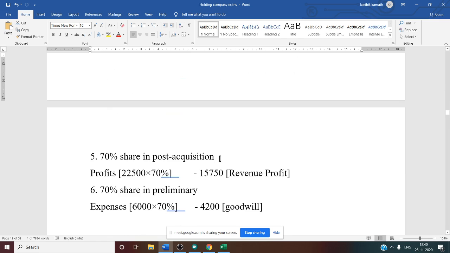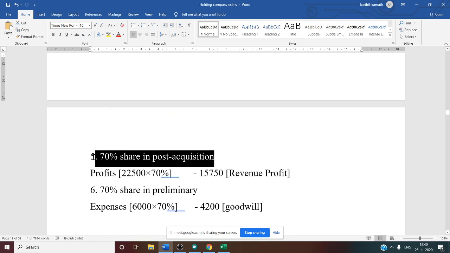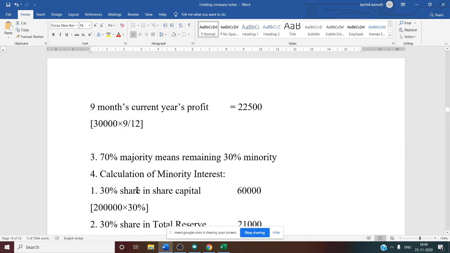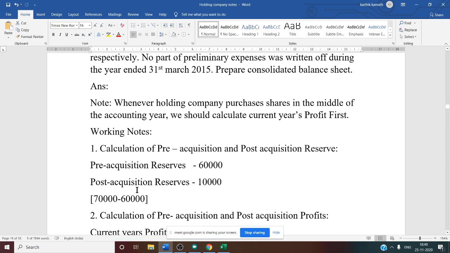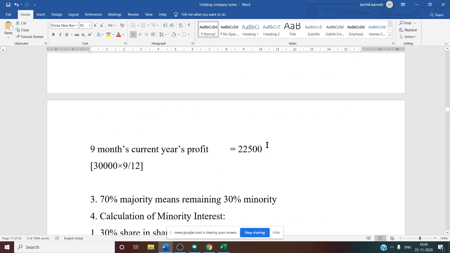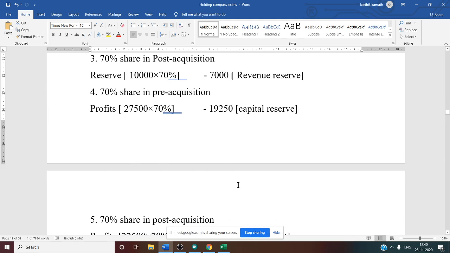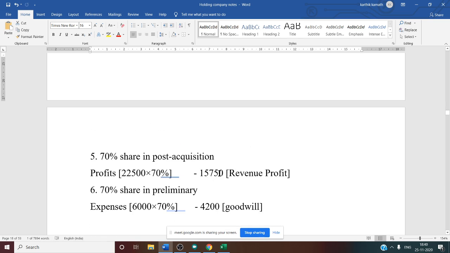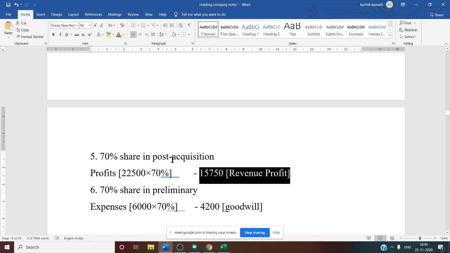Then the fifth one, 70% share in post-acquisition profit. If you see working note number 2, under point B there is a post-acquisition profit of 22,500. 22,500 into 70% gives 15,750 as a revenue profit. Why? Because here post is given.